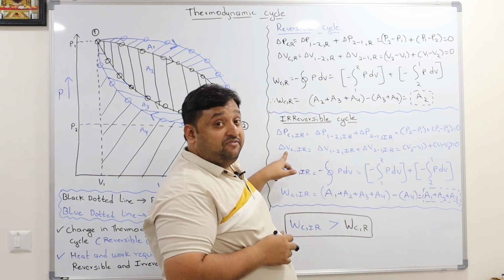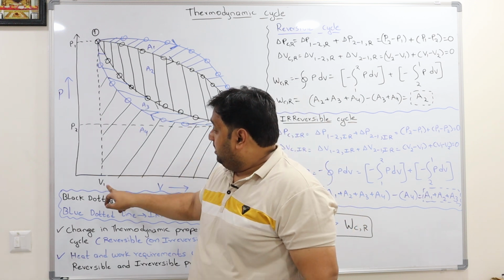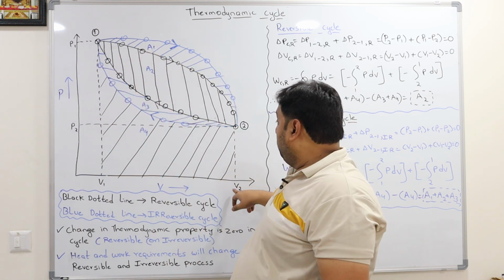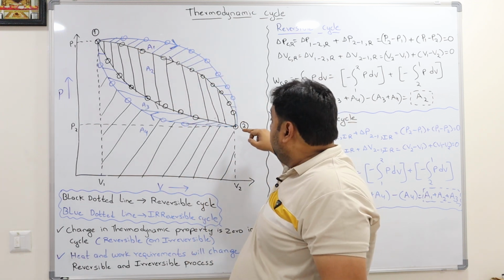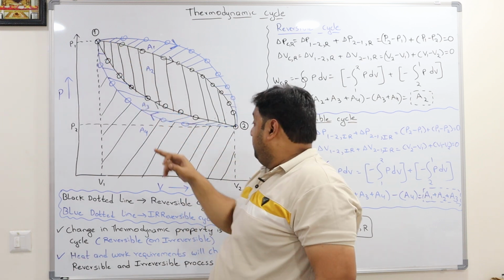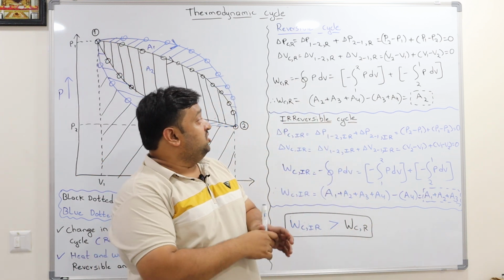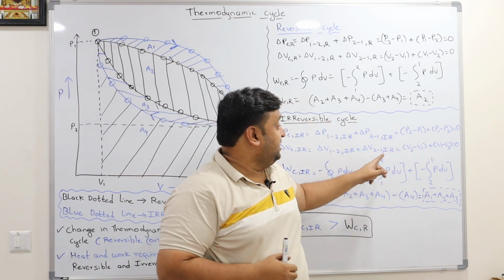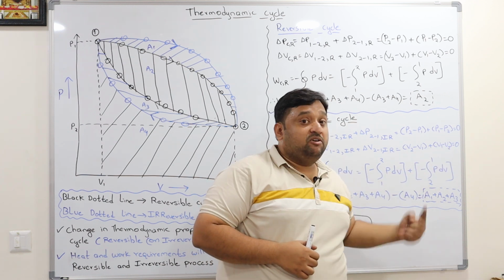Similarly, if you take it for the volume, for this blue one, initial volume is V1, final volume is V2. For the top curve, the reverse curve, the initial value will be V2, final value will be V1. So if we apply, the first one is V2 minus V1, the second V1 minus V2, again V2 and V1 got cancelled out, equal to 0.